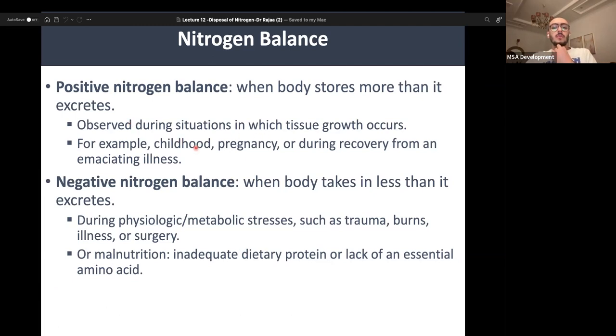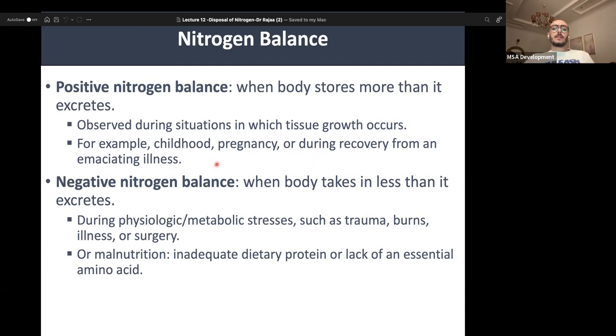You see here, childhood or pregnancy, or someone recovering from an illness or trauma. They have more nitrogen in their bodies than they are excreting, because, for example, a pregnant woman is using this nitrogen for the developing baby in her body. Or a child is developing and growing up, so they need this nitrogen. Same goes with recovery from an illness.